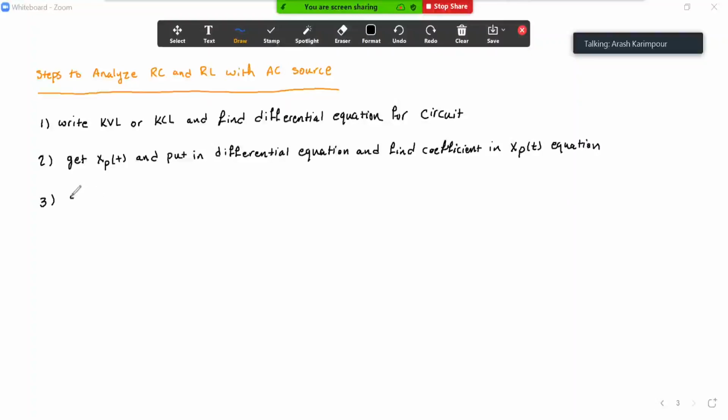After that, step 3, write the general solution as x(t) equal to the xp, which we found from the previous steps, plus xc(t).